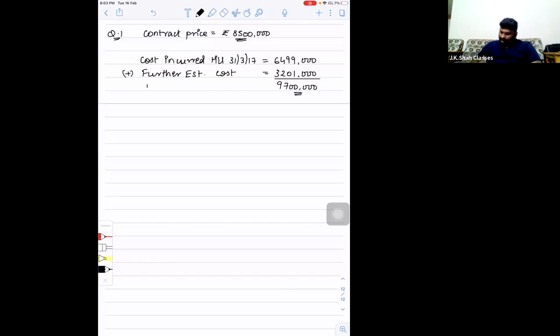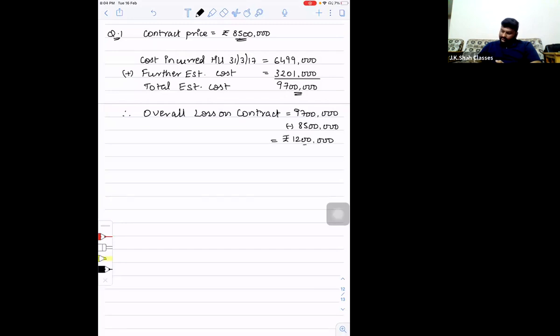So 97 lakh is the total estimated cost. Correct? So therefore, overall loss on contract will be 97 lakhs minus 85 lakhs, that is 12 lakh rupees. Correct?